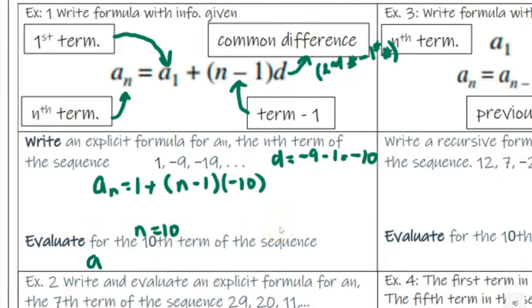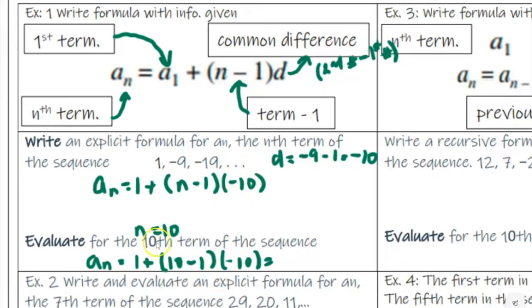Okay, you should have written out a sub n is equal to 1 plus parentheses, and I see n, and remember in place of n I know n is equal to 10. So here I'm going to write 10, and then you just keep going, minus 1 parentheses, and then negative 10 in parentheses.